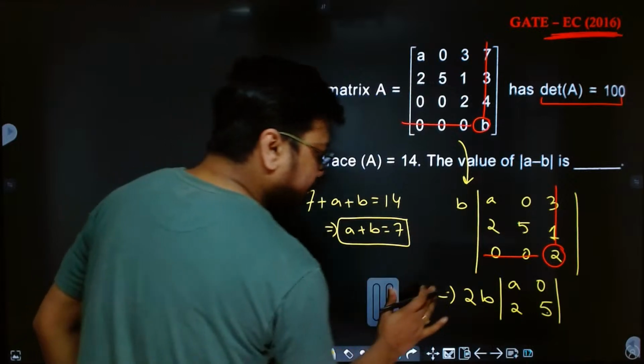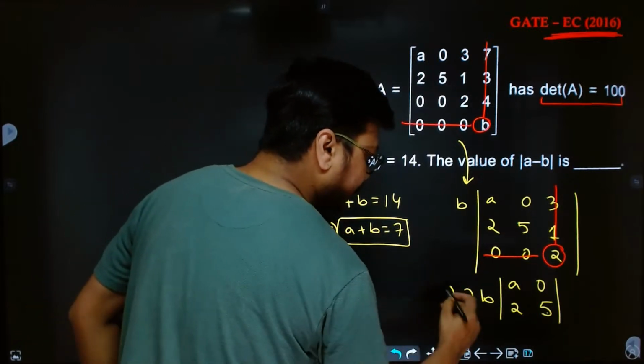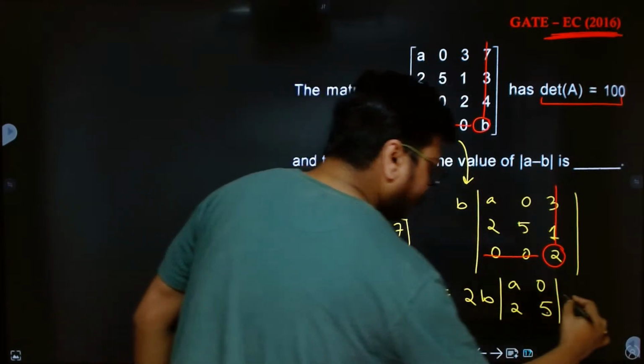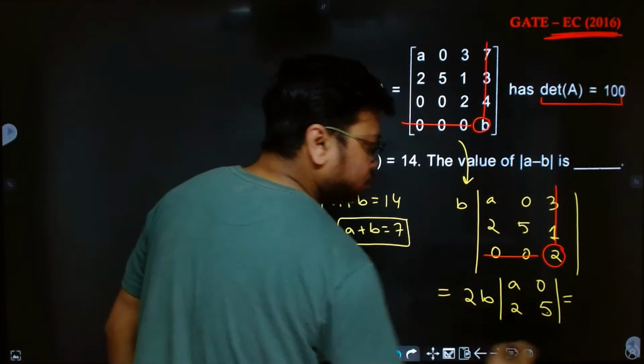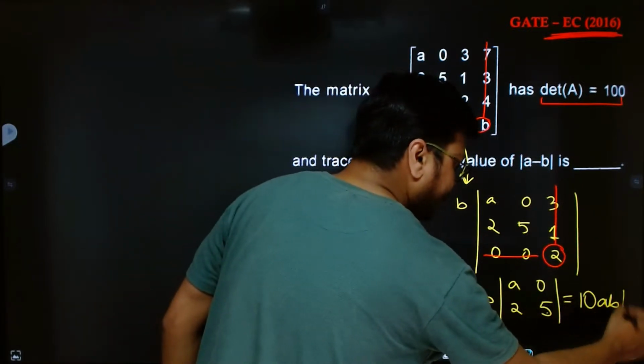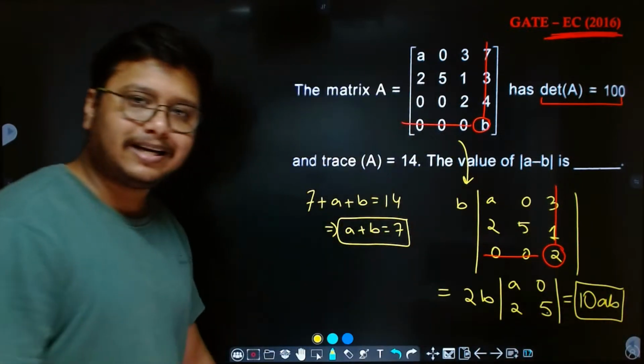So the value becomes 5A into 2B, that is 10AB.